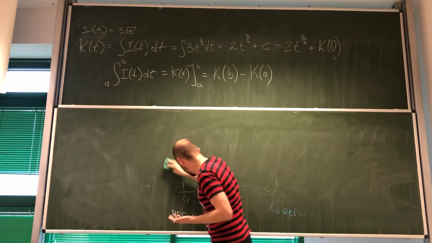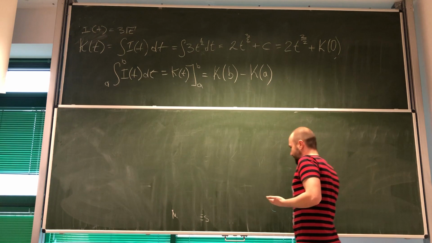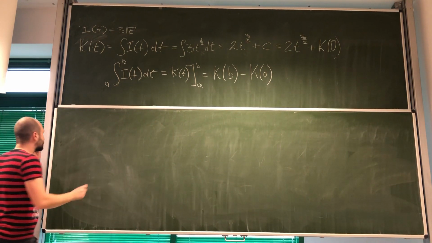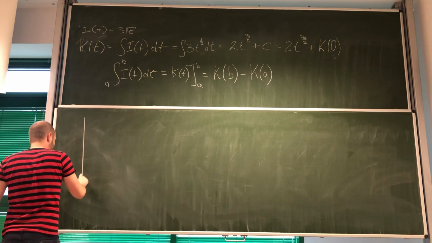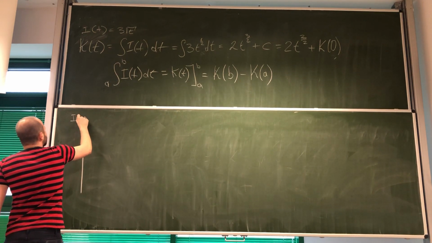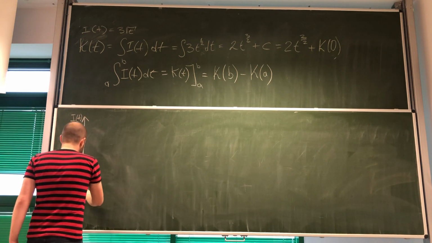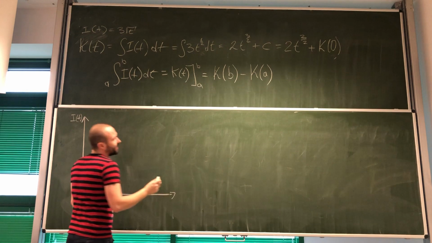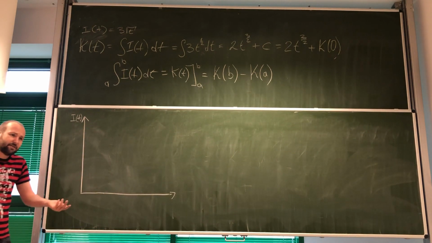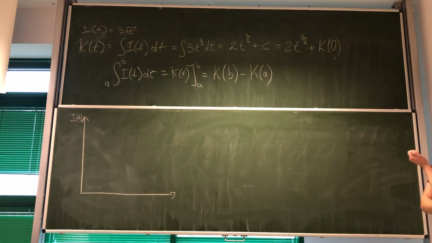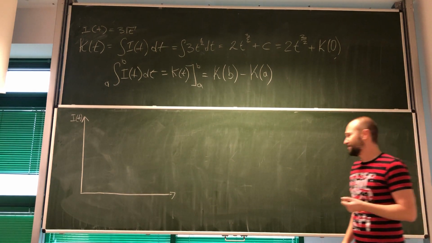Okay, so let me just erase the blackboard, and we will use 2 graphs. Okay, in the first graph, we will have net investment. Look, I'm going to be abstaining from negative investment. I will assume that, as is usually the case, the level of investment in the economy, net investment, is positive.